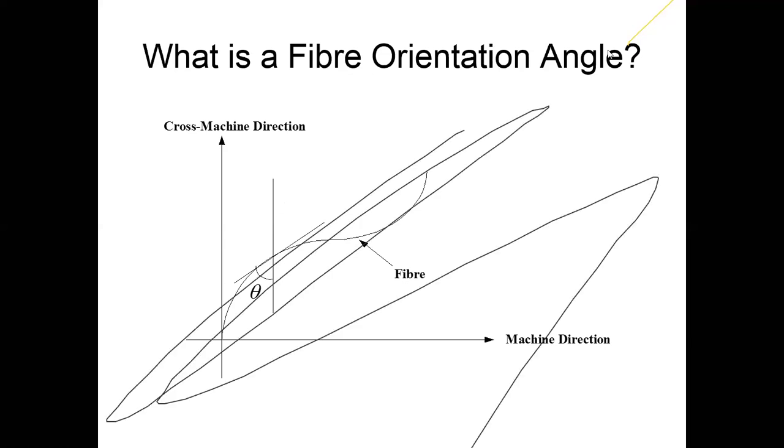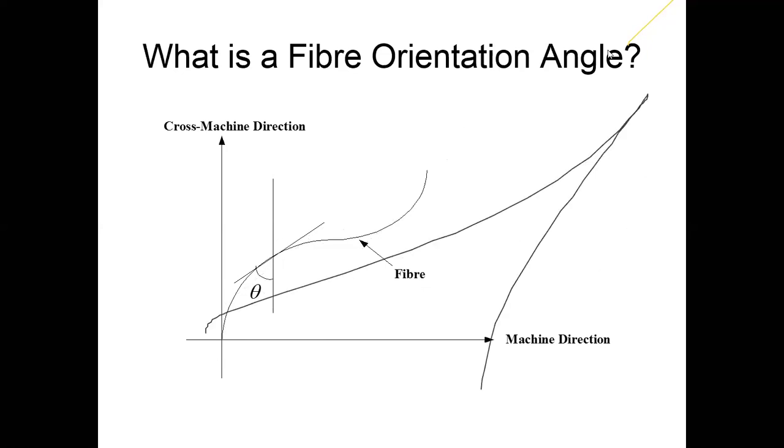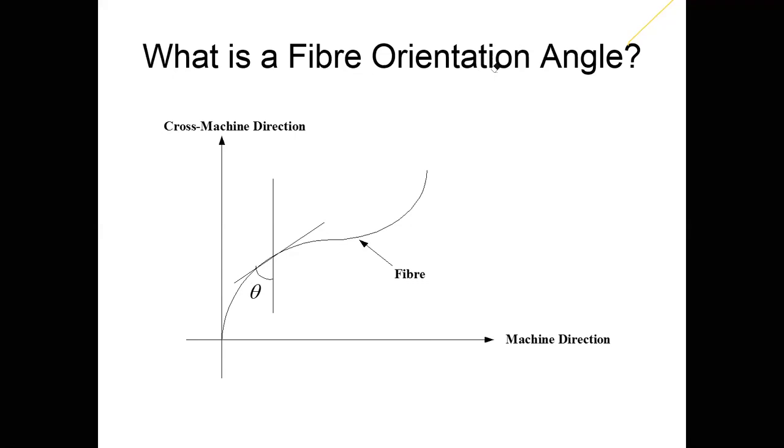So there are two different kinds of webs, cross laid and parallel laid. This depends on the direction of fiber.